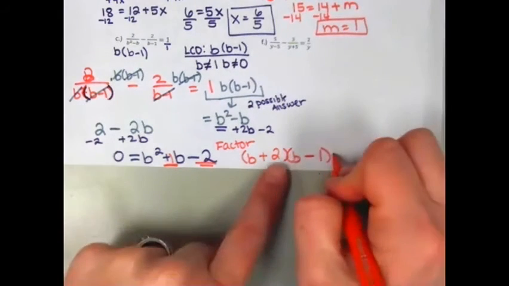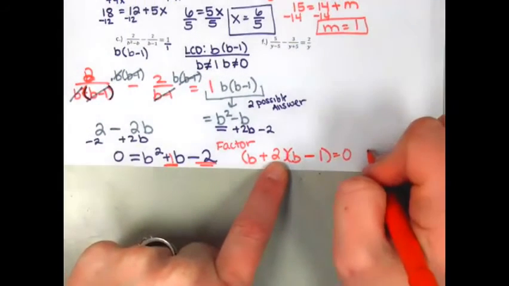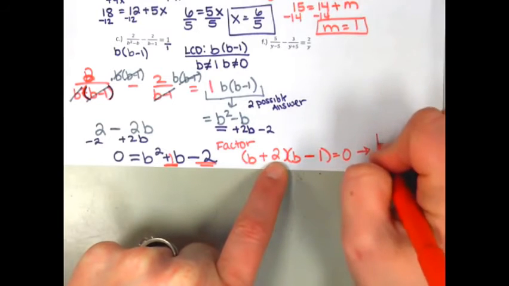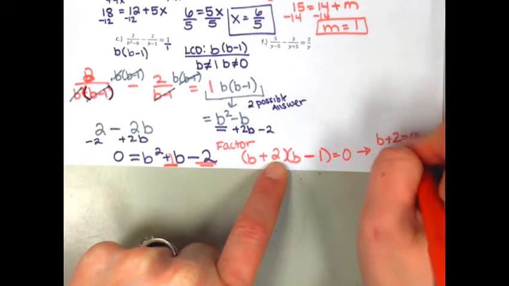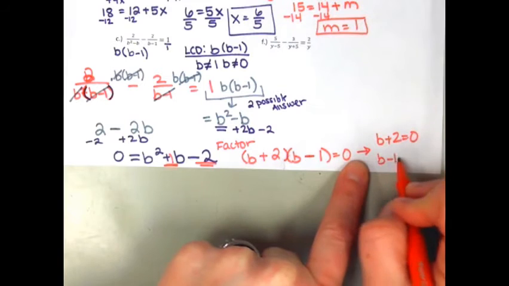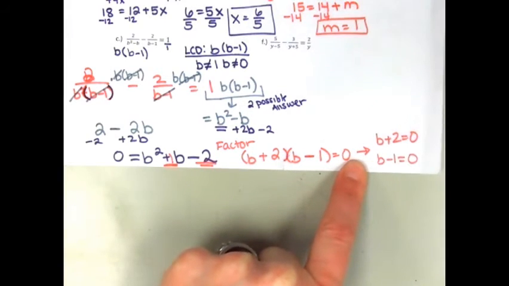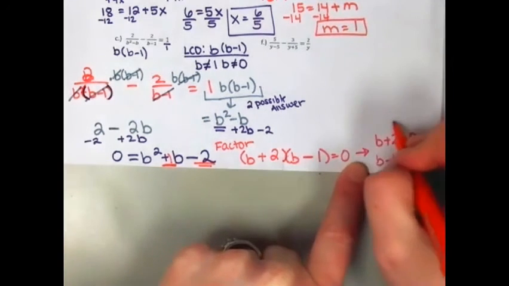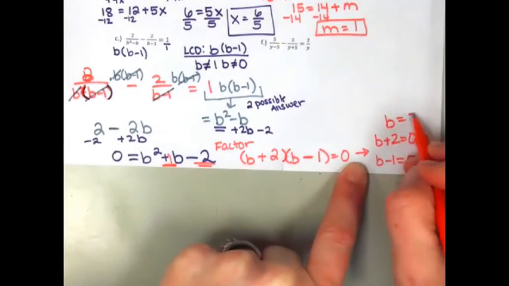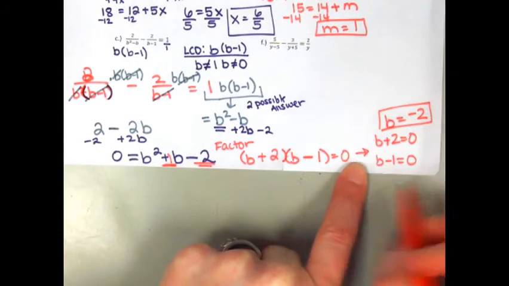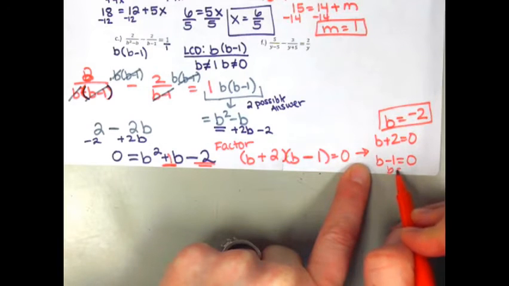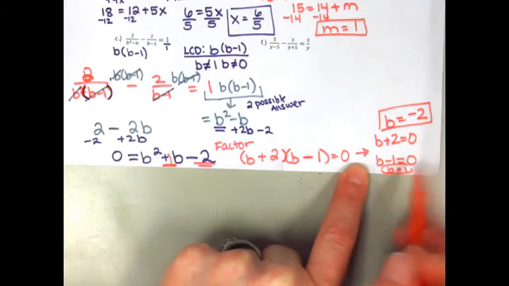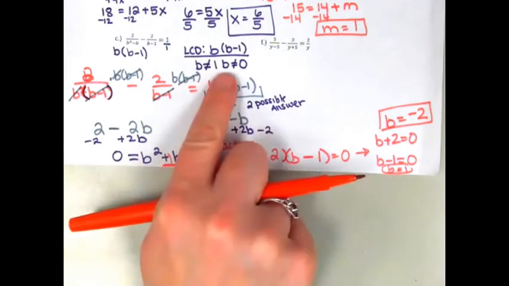So this equals 0. So what are my 2 answers? B plus 2 could equal 0, and B minus 1 can equal 0, right? B would equal -2, and B would equal 1. However, guys, could B equal 1?